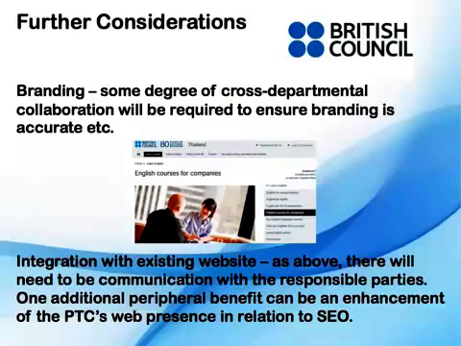One additional peripheral benefit can be an enhancement of the company's search engine optimization, their web presence. For a lot of companies, adding details of new products should boost their recognizability on the search engines, which would hopefully also bring in further business for them as well.